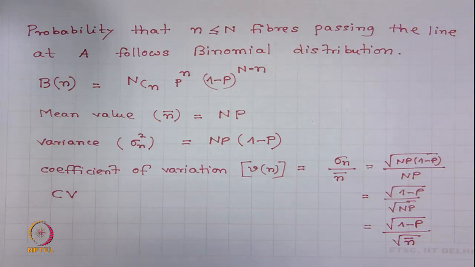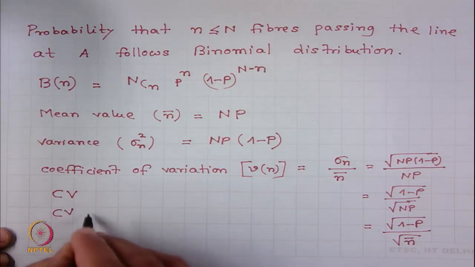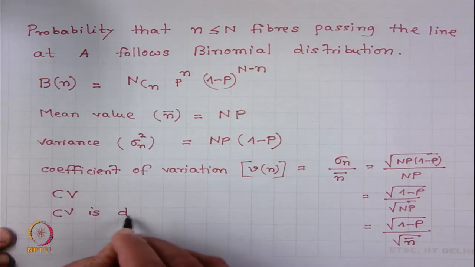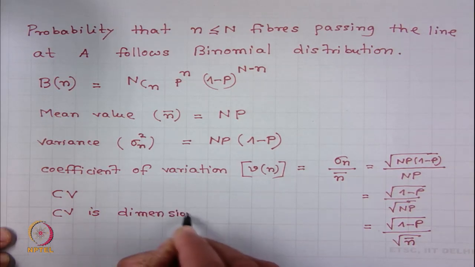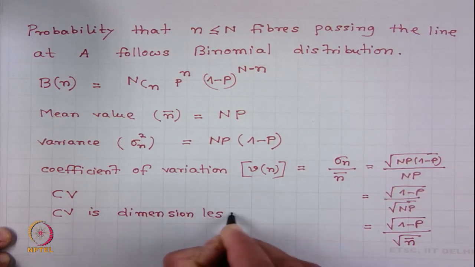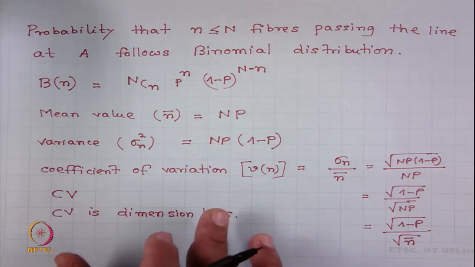You might have noticed that in this expression, C v, coefficient of variation, is dimensionless. It can be expressed in percentage if we multiply this by 100, right. So, theoretically we deal with dimensionless C v.